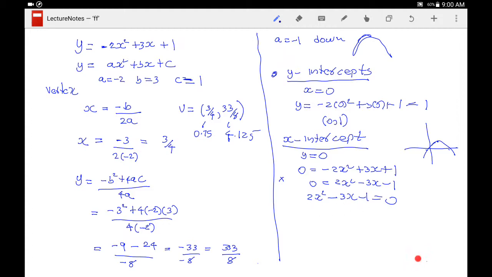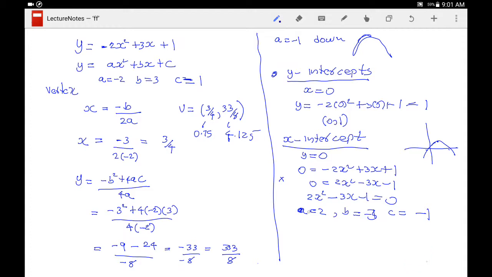You can try, you cannot get this middle term by factoring. So we'll use the quadratic formula. I will say a is 2, b is negative 3, and c is negative 1.